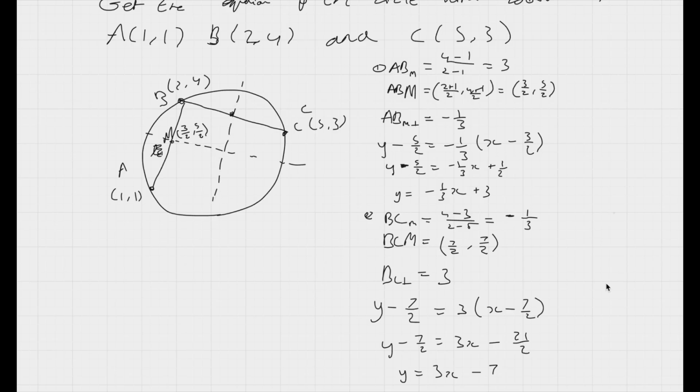So that line would be this. And basically, to find the center of our circle, it's the coordinates of where they intersect. So here, if we make these two lines equate each other, minus a third x plus 3 is equal to 3x minus 7. So 10 is equal to 10 over 3x.